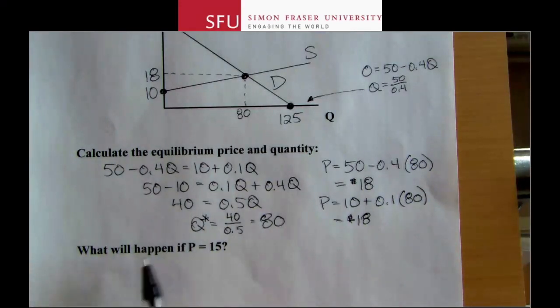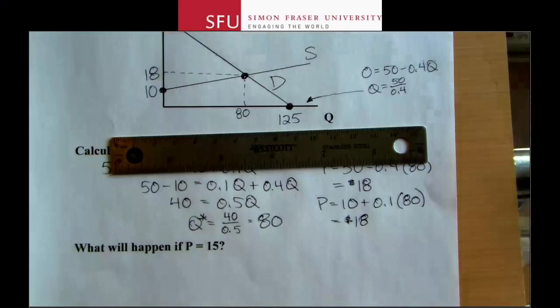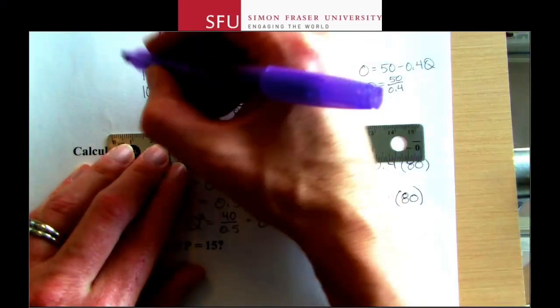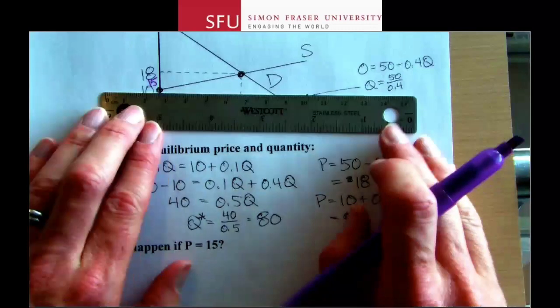What will happen if the price is $15? Here, we'll put it on the graph, we'll illustrate it on the graph, and then we'll also calculate what's going to happen. Okay, so 15 is about there.